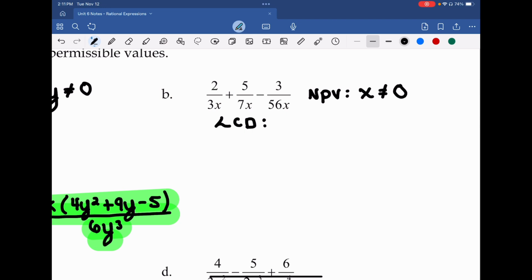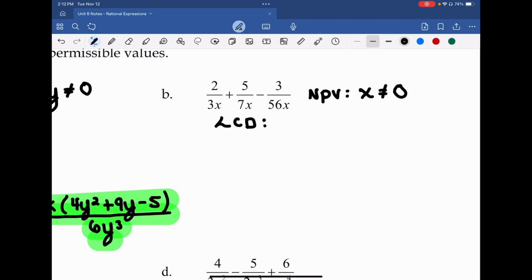If we take 56 times 2, that's going to give me 112. Is 112 divisible by 7? It is. Is 112 divided by 3 a thing? No, not in that case. So we maybe have to take it one step higher. If I take 56 times 3, this is going to be equal to 168.